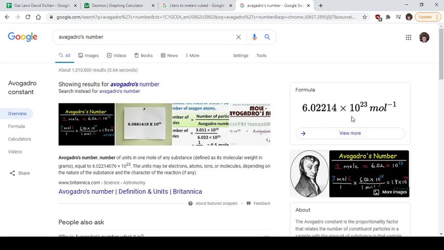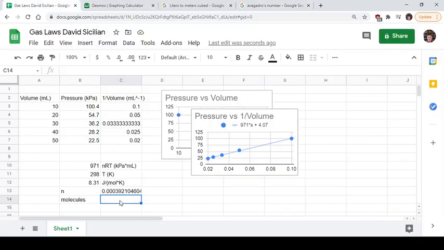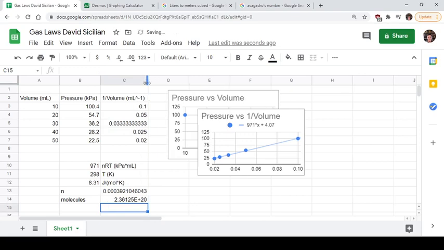So what we need to do is multiply our moles times 6.022 times 10 to the 23. Okay, and so we have a calculation for how many actual air molecules were in that syringe that the experimenters were using while they were changing the volume and recording the pressure.